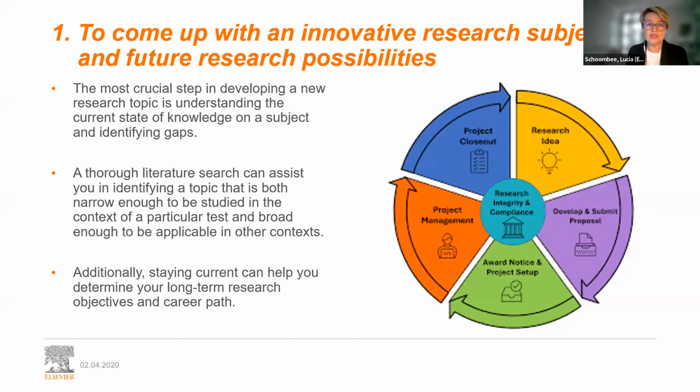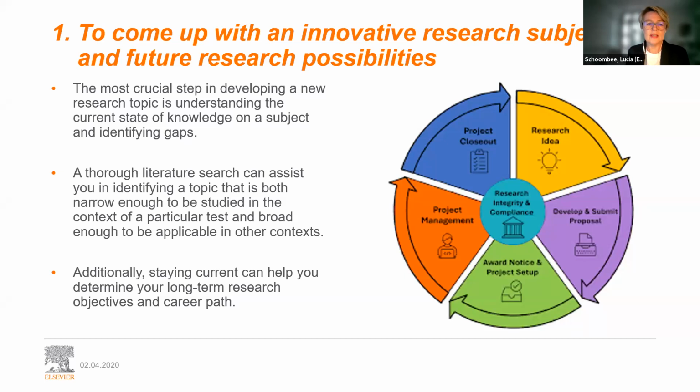A thorough literature search can assist you in identifying a topic that is both narrow enough to be studied in the context of a particular test, and broad enough to be applicable to other contexts. Right. So it's important to have access to a research database such as Scopus, which can help you create a very specific search, so that you can identify these types of topics which are narrow enough.